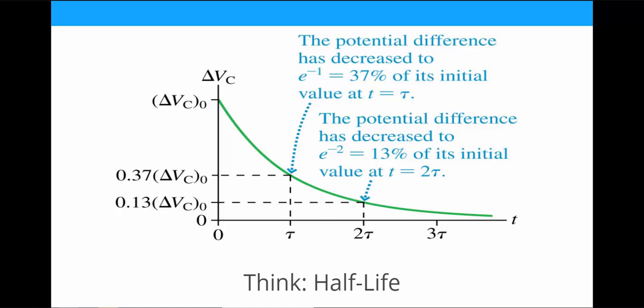So you lose 63% to here, then you're going to lose another 63% of whatever it was, and so on and so forth. And theoretically, it never reaches zero, so this should be very similar to half-life that we talked about. Theoretically, it never reaches zero, but in reality, it definitely does reach zero at some point. Okay.